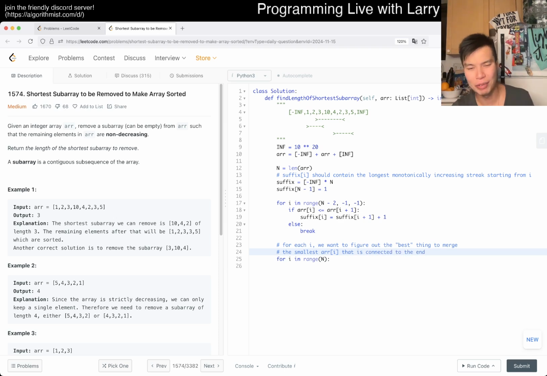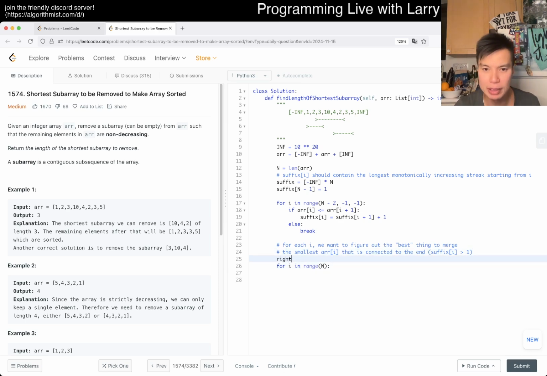which is another way of saying that suffix sub I is greater than or equal to 0 or something like this, right? Or maybe, yeah, no, that's right. Greater than or equal to 1. I guess it can't really be 0, but yeah, something like that. And here we can keep track of the right side, right? So then we have a right pointer equal to 0, right?